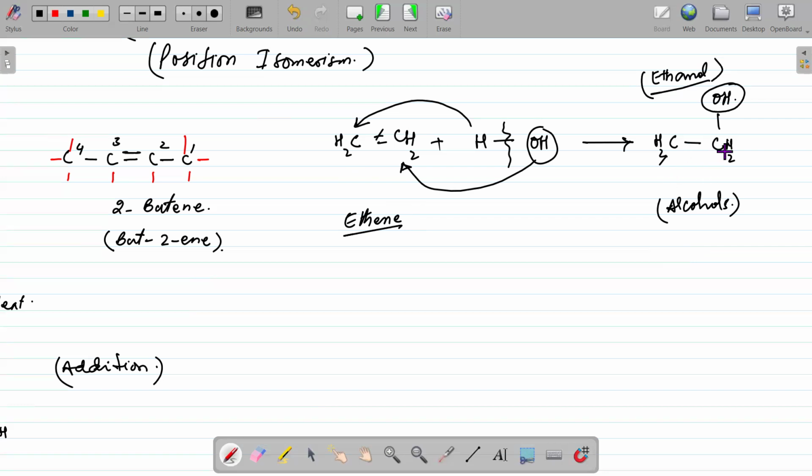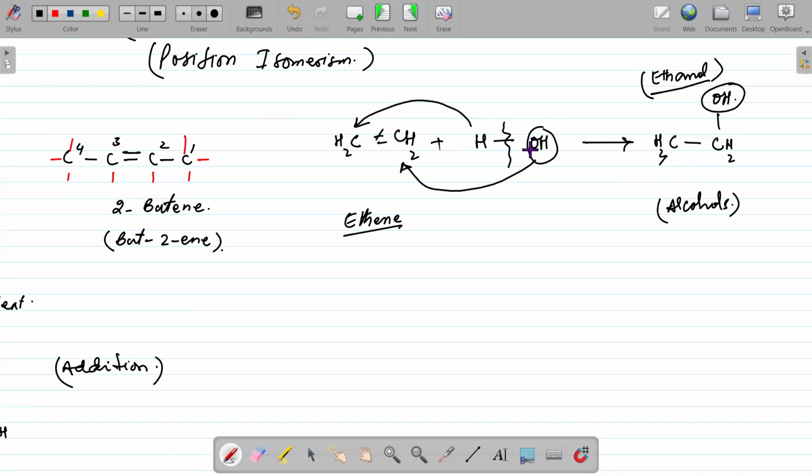We can use this ethanol as a substitute for our gasoline, petrol. So in industry, ethanol can be manufactured by this reaction.